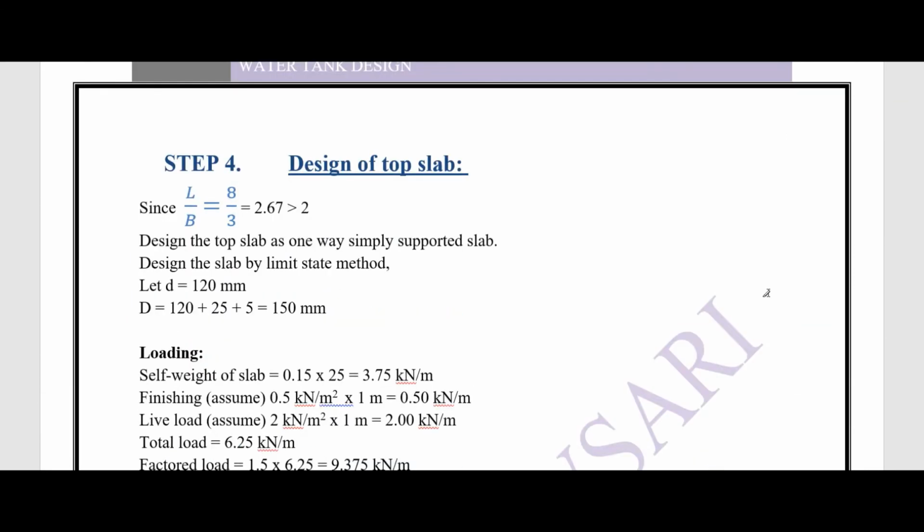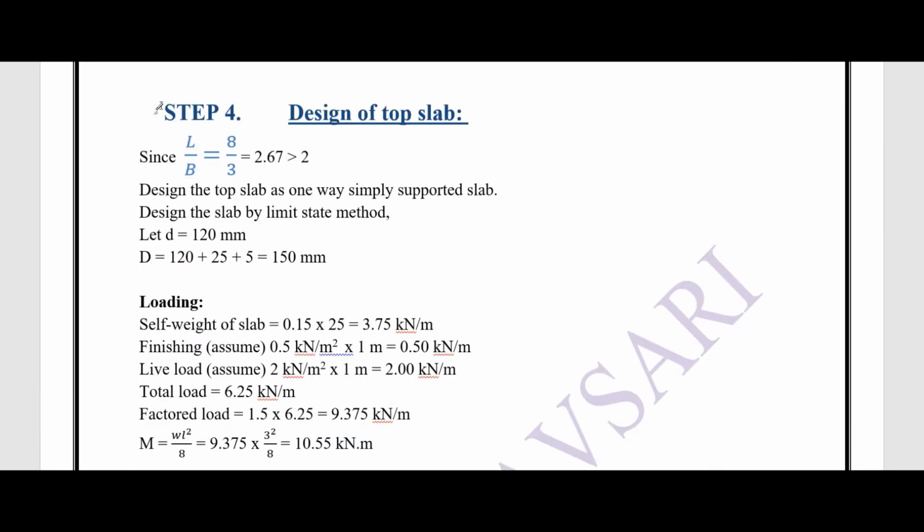Now we are going to design the top slab. Since L by B is greater than 2, we design the top slab as a one-way simply supported slab, using the limit state method. So depth is 150 mm. Loading is self-weight, finishing and live load.